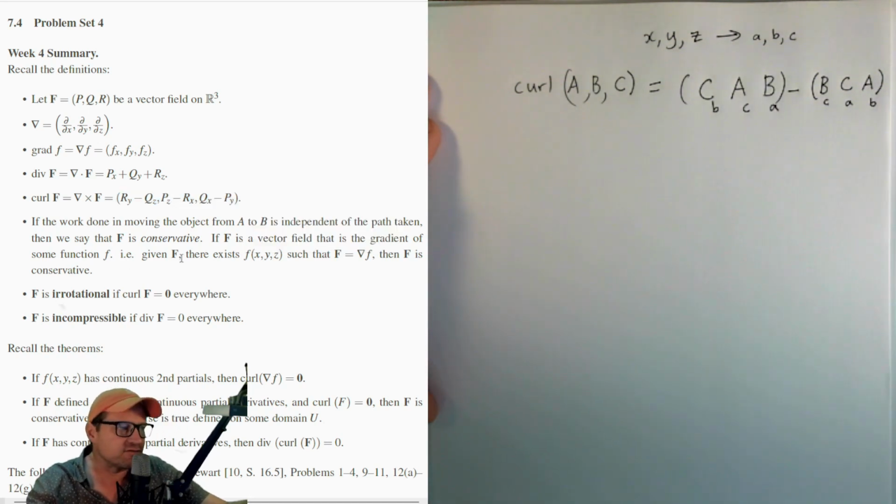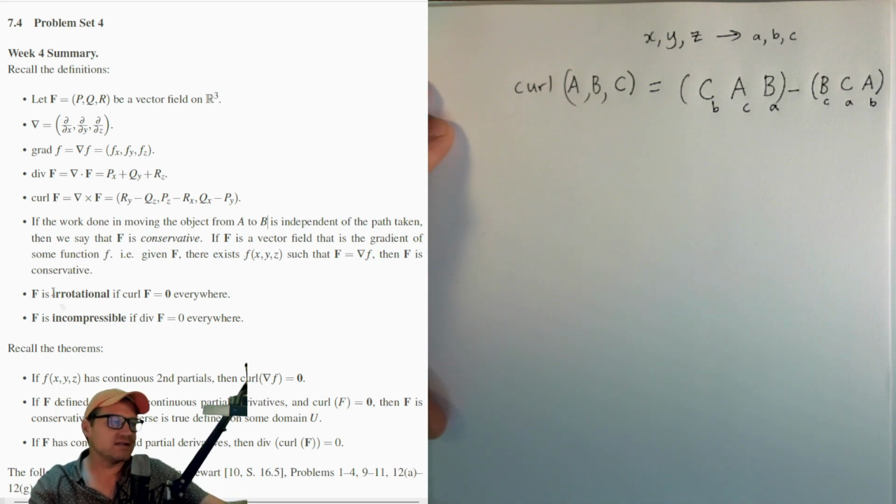All right, next point: if the work done in moving an object from the point A to the point B is independent of the path taken, then we say that the vector field F is conservative. If F is a vector field that is the gradient of some scalar function lowercase f, in other words, given the vector field uppercase F, there exists a scalar function lowercase f such that the vector field is grad of the scalar function, then F is conservative.